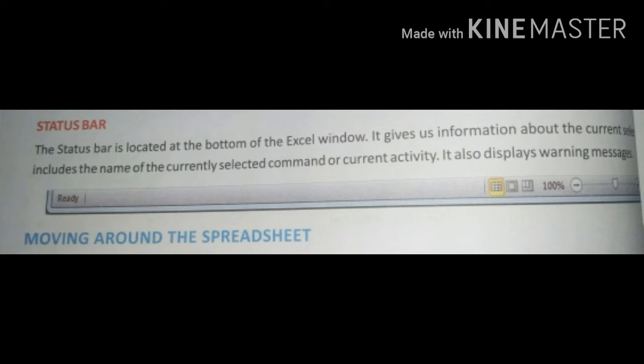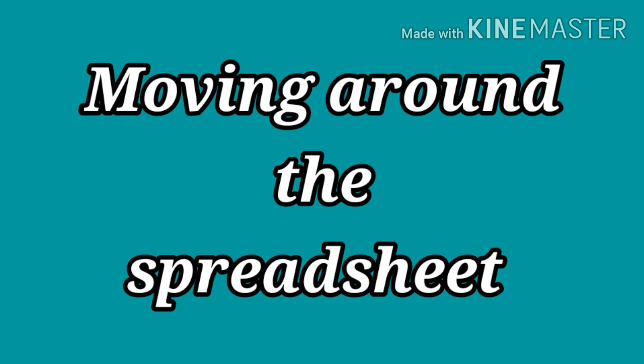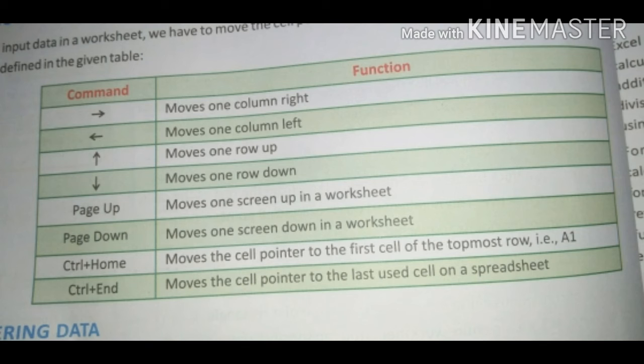That is status bar. Now, how can we move around the spreadsheet? To input data in a worksheet, we have to move the cell pointer from one cell to another. With the help of various keys as defined in the table, we can do some functions in Microsoft Excel.